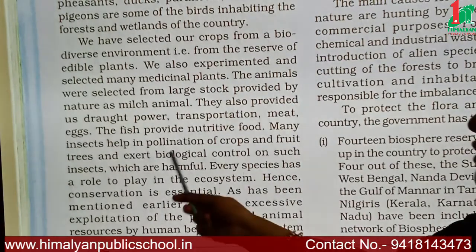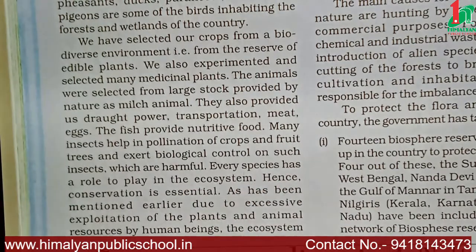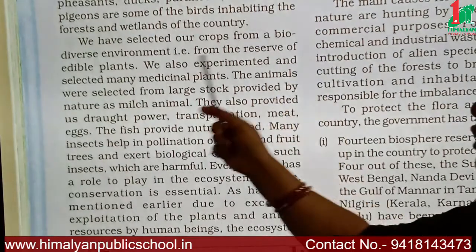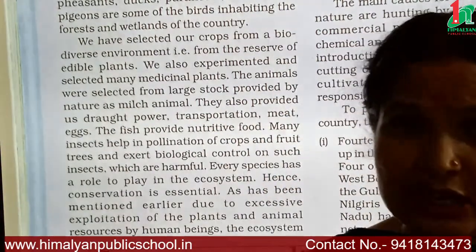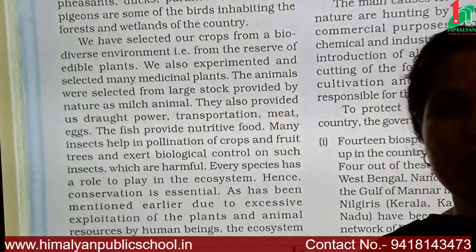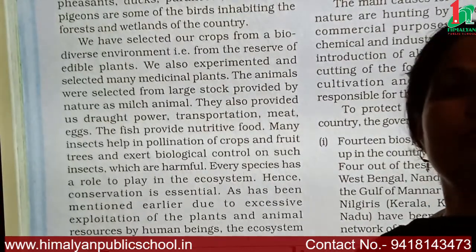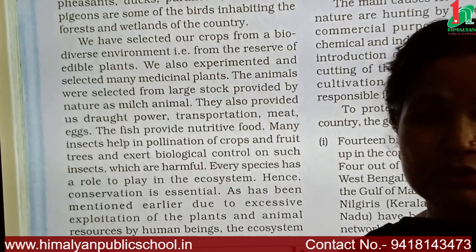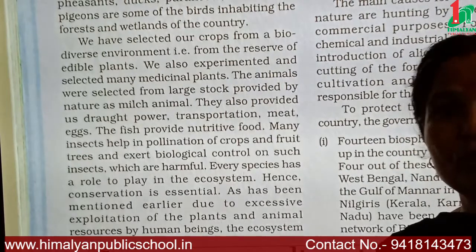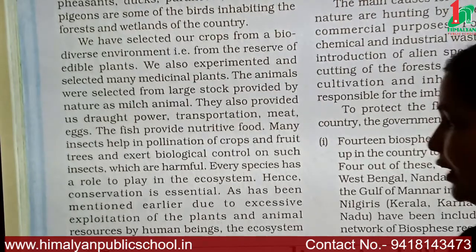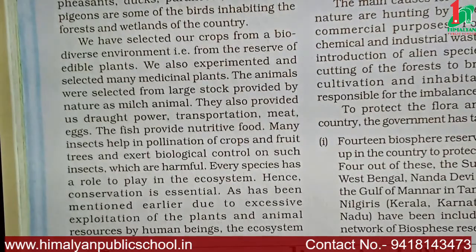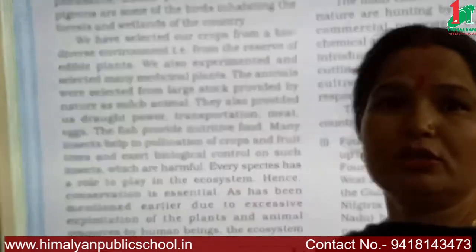And some insects, that is the pollination of crop and fruit. So these all are included in the biodiversity environment. कि हमारे environment में ऐसी बहुत सी चीजें हैं, जैसे सिल्क वॉर्म है, that is also a useful insect. Why? मतलब जो हमारी सिल्क है, जो सिल्क एक क्लॉथ है, वो जो हमें मिलता है, that is from silk form. Clear? So ये सारी चीजें जो हैं, these all are essential to us.